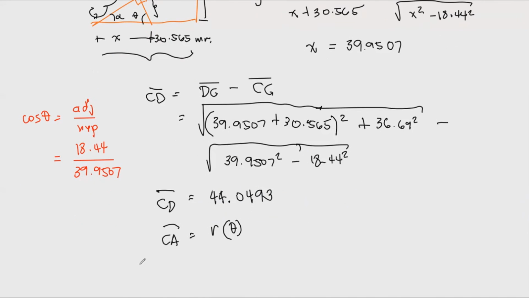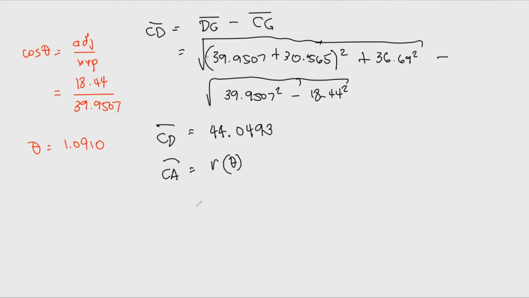So therefore, taking the arc cosine of this value, we get 1.0910. So this value, if you would like to convert this to degrees, so that we can have an idea, that's around 62.5096 degrees.